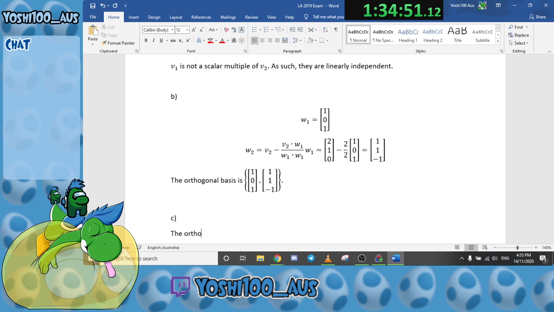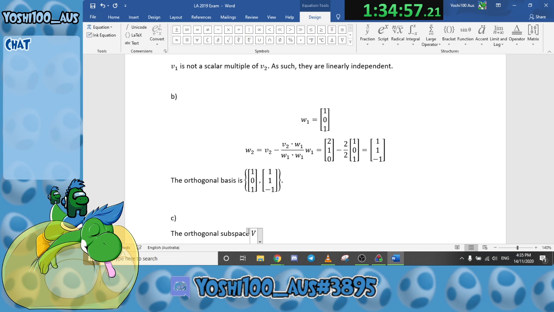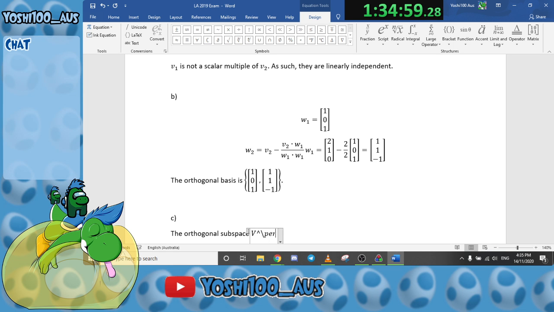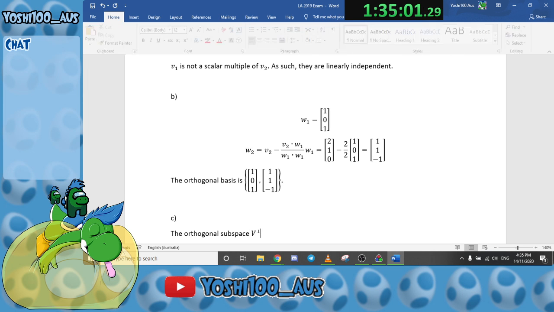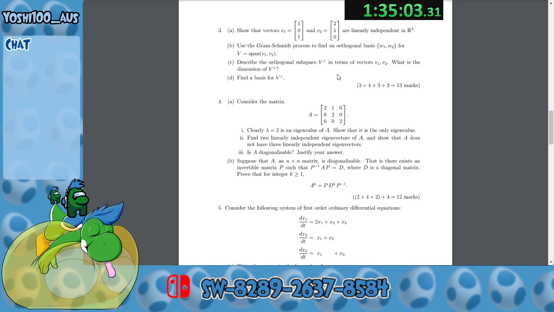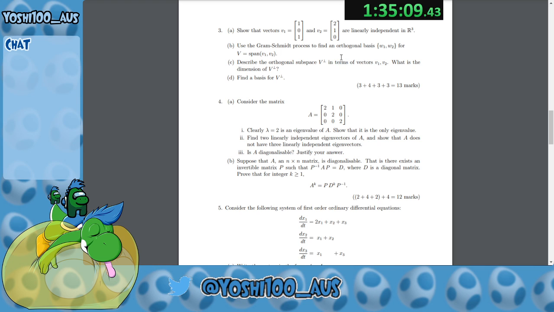Orthogonal subspace V perp is... I think this was an assignment question actually. She just wanted it written in words.